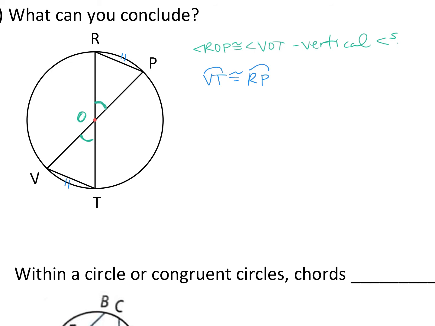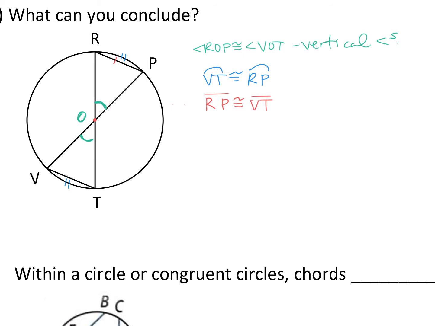The chords would have to be congruent, right? So arc RP and arc VT make chord RP and chord VT also congruent. Okay, so if the angles are congruent, then the arcs are congruent and the chords are congruent. So you don't have to be told those things. As long as you know one of them is true, all three of them will be true. Okay?